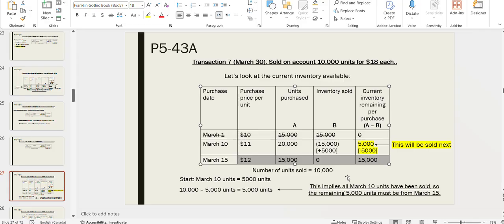The number of units remaining in your inventory is 10,000 units, because you use these 5,000 here and another 5,000 from your sale, and the remaining 10,000 items have a price per unit of $12. So the remaining inventory is 12 multiplied by 10,000 items.